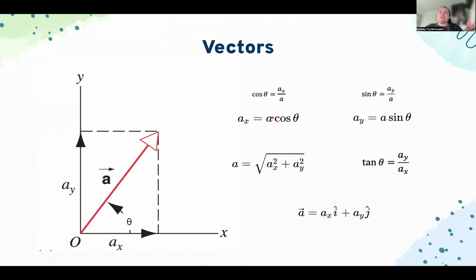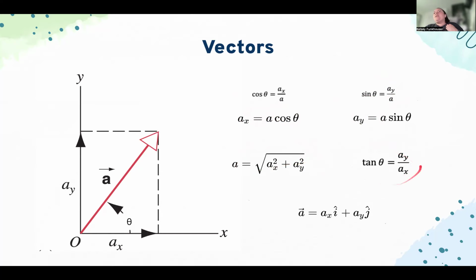Maybe we'll have the vector value and angle, and we'll want a component. And so that's how we'll do it. And so the same thing with sine, it's the opposite over the hypotenuse, and again, just multiplied that A on both sides, giving us the y component of it. And then there's also the Pythagorean theorem relationship.